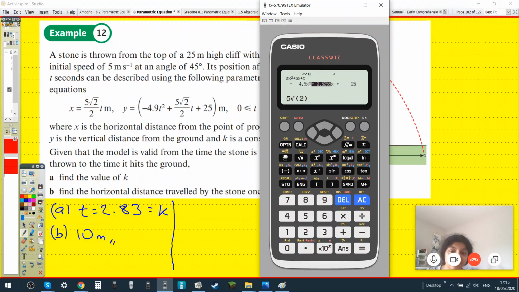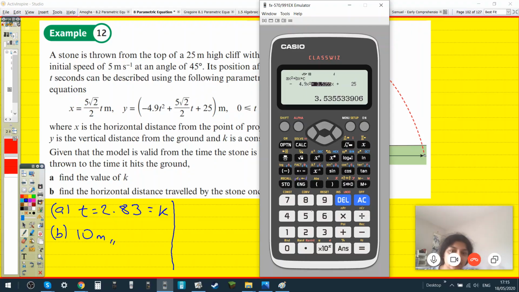So close the bracket. I put brackets, but it's still showing as 5. So press fraction. Are you using graphical? Yeah. Fraction 2. Yeah, I put it in exactly like that, but it's showing 5. I have no clue why.